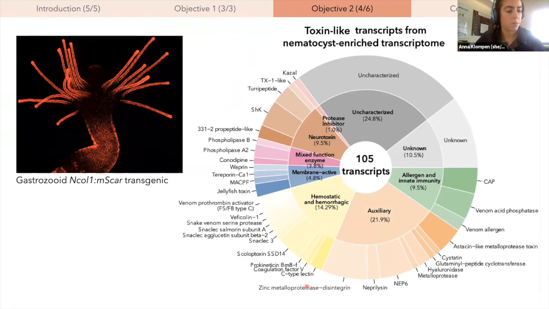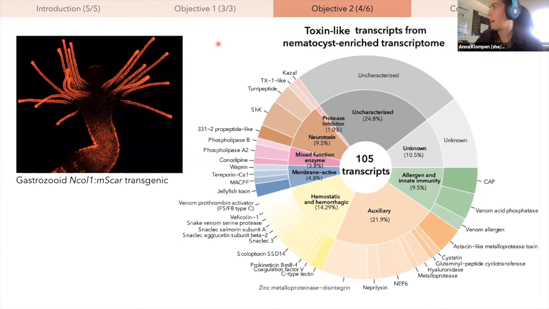These are well-known pore-forming toxins in box jellyfish. I found some of these in this transcriptome, along with a few other box jellyfish, potentially neurotoxins. So I'm feeling pretty good about the annotation for these.